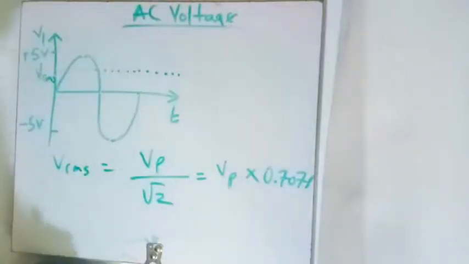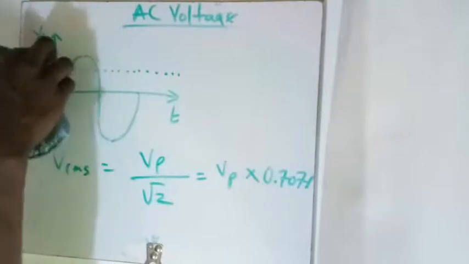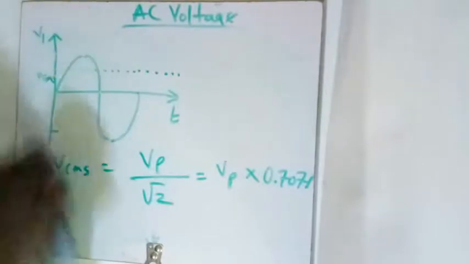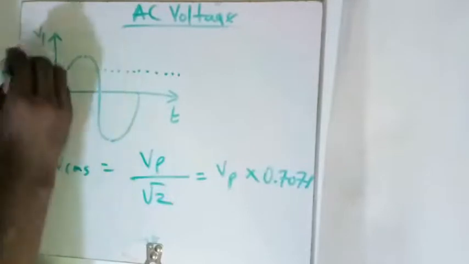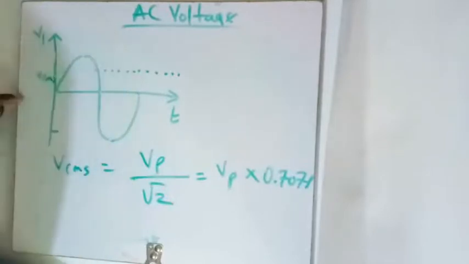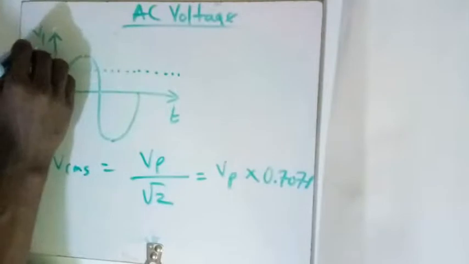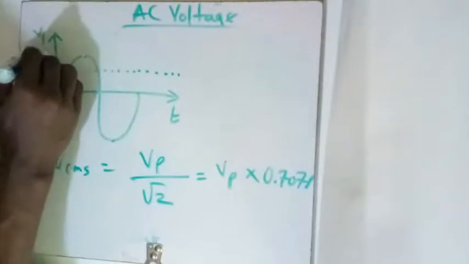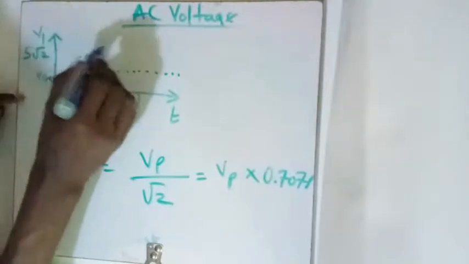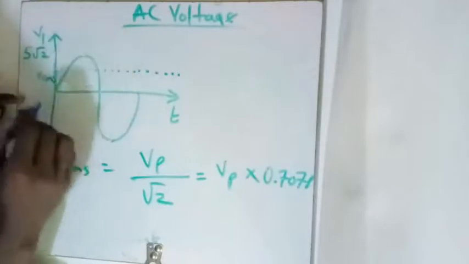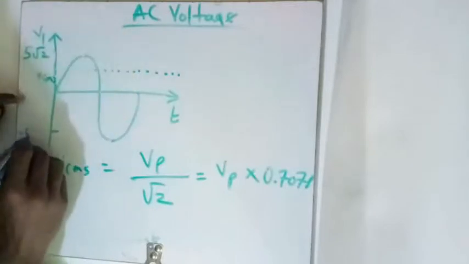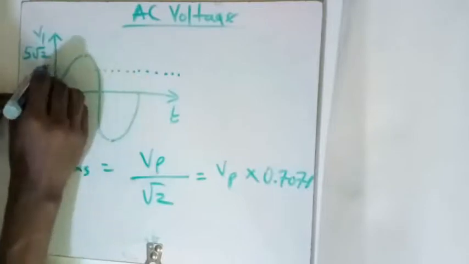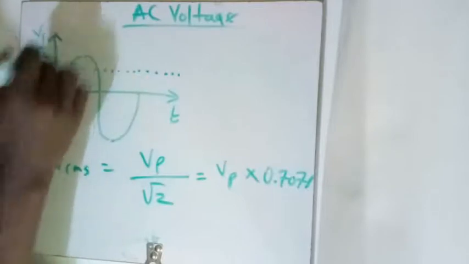So if our V peak is 5 root 2, and this is minus 5 root 2 in volts, then our RMS value is 5 volts. 5 root 2 is higher than 5 volts.